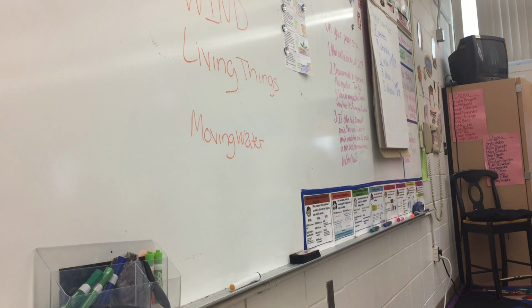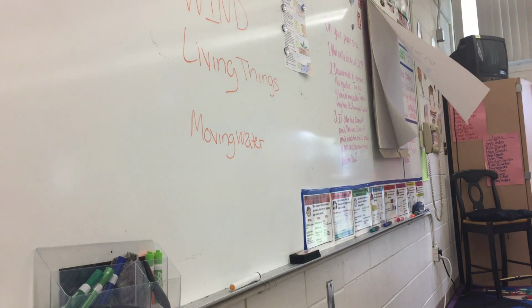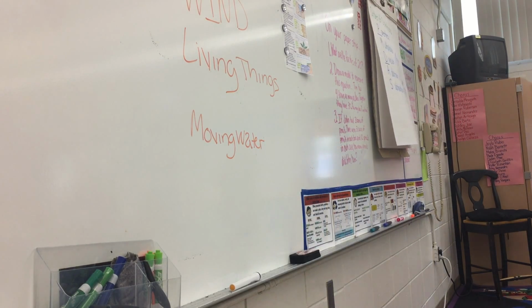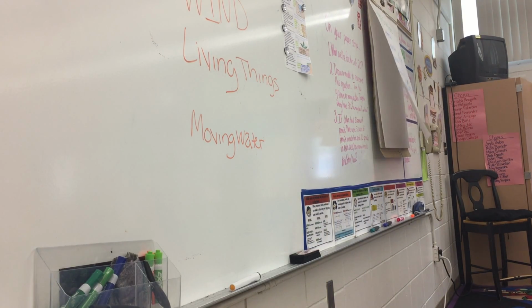Wind over time, this rock is going to smooth out, because wind has blown it into different pieces. Okay, so this is the wind section. The directions are right here on this paper: file across a rock with sandpaper to see what the wind sand can do to a rock.